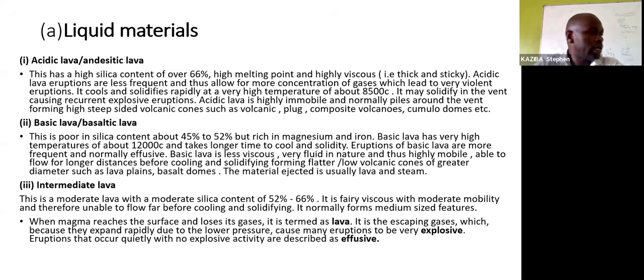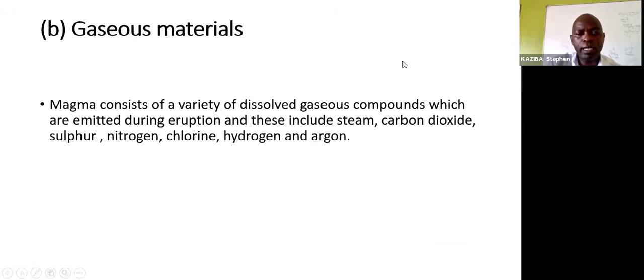It is at a high temperature of about 1,200 degrees Celsius and takes a long time to cool down. Then you also have intermediate lava. This one is of moderate silica content and is fairly viscous. All these three determine the nature of landforms that are formed.